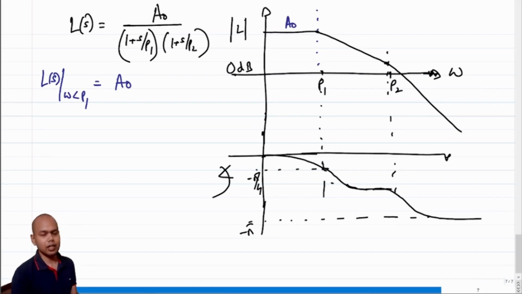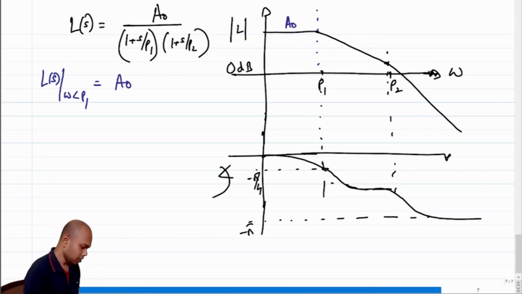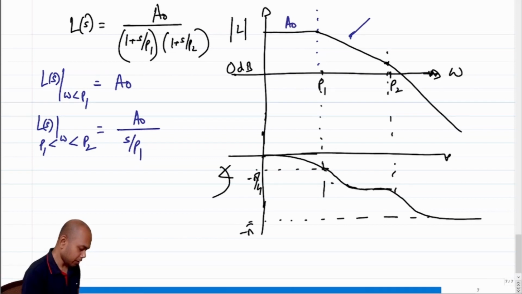So if A0 is greater than 1, which obviously it is because we are making an amplifier, so clearly your omega u, or the unity gain frequency, doesn't reside below P1, right? So that's good. So what is the equation of L of S when omega is greater than P1 but less than P2?